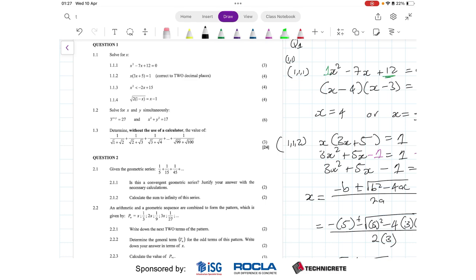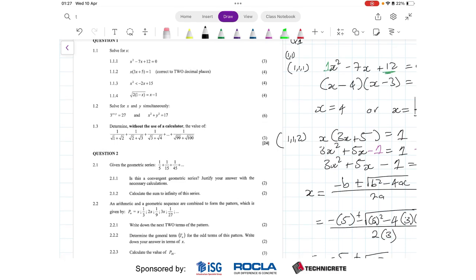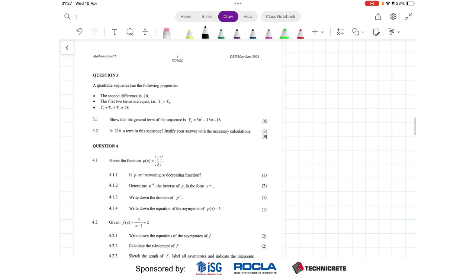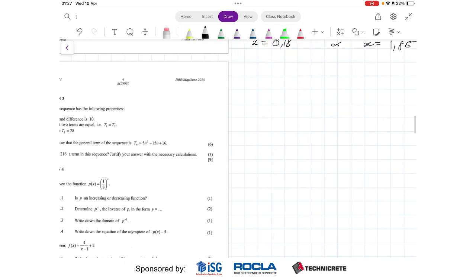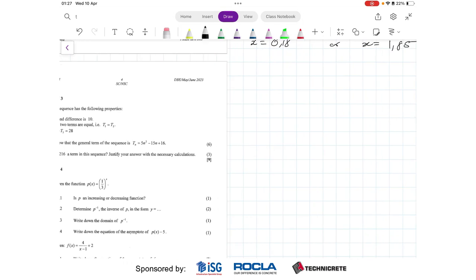Moving on to question 1.1.3, which is an inequality. I didn't write down the question number. 1.1.3, x squared must be less than minus 2x plus 15, right?